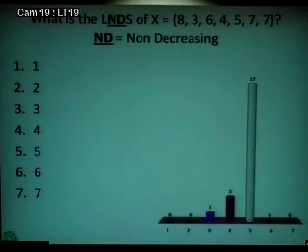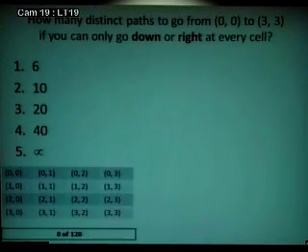Yes, it's 5. So just now I said 3, 4, 5, 7, 7, right? And 7, 7 is not decreasing. It stays. So you can extend by 1 more, make it 3, 4, 5, 7, 7. That is 5. Next.